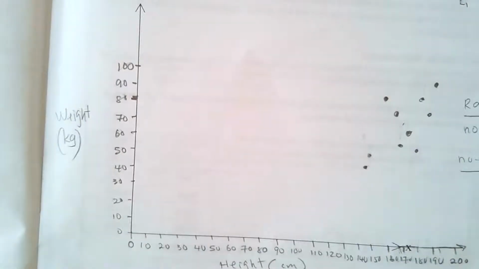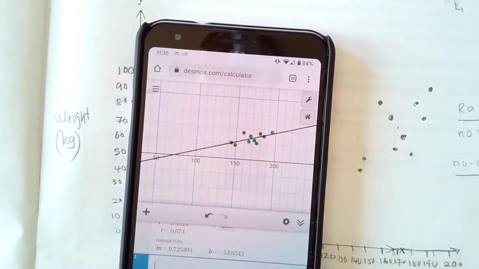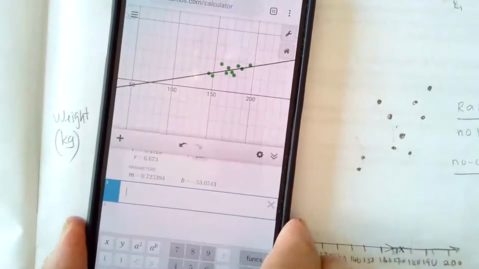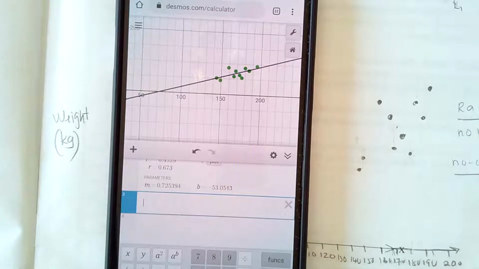We also used Desmos to come up with a graph.